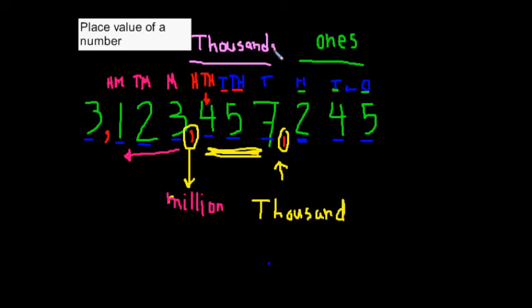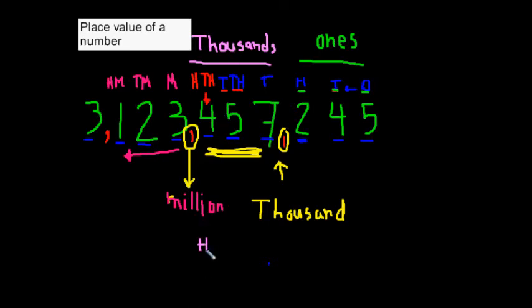Now, if these numbers are in thousands, why do we have thousand, 10,000, 100,000? Because it's the same thing here. If you notice, 4 is in hundreds, but hundred what? 100,000.